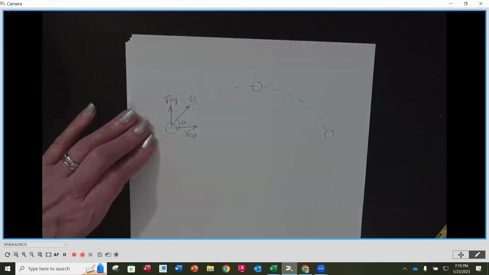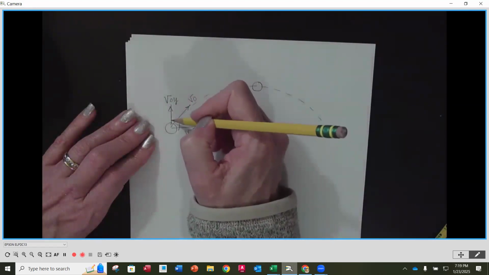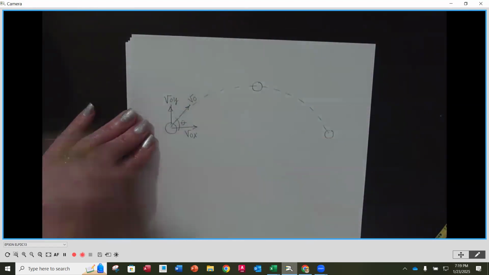Now, we're going to look at each one of these components of the motion. The vertical component is the one going straight up and down, and the horizontal component is this one, so X and Y respectively.